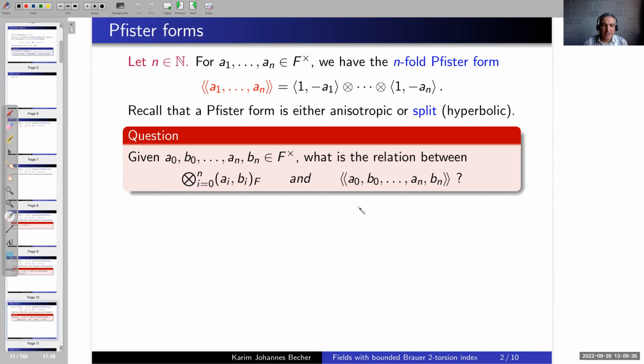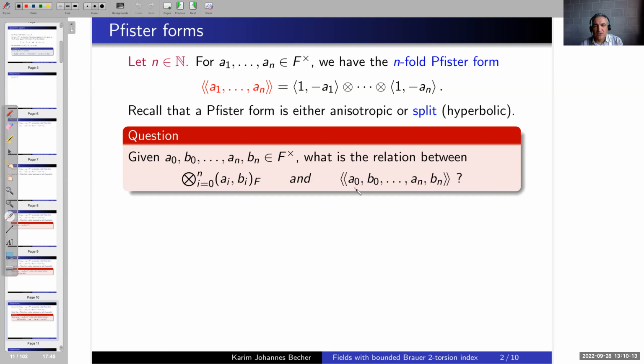Now, Merkurjev's construction that he used to show that we can have a field with cohomological dimension 2 and any even u-invariant shows that we can have big non-trivial tensor products of quaternion algebras, while Pfister forms can be all split. So that is the one direction where not too much relation is expected.